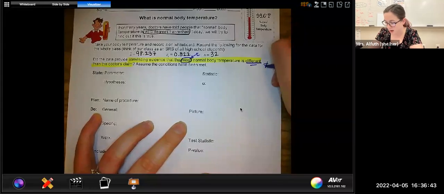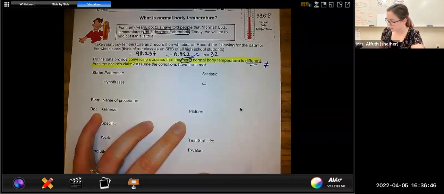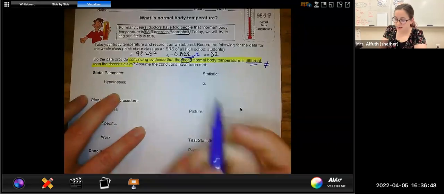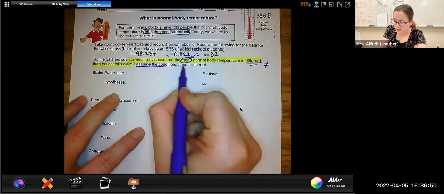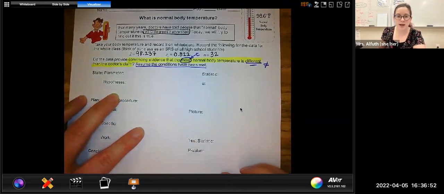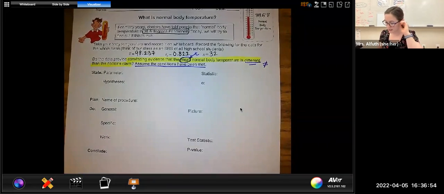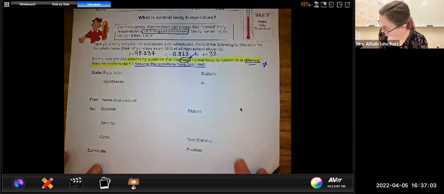So that's going to be a not equal to here. Additionally, as I continue reading, assume the conditions have been met, which means we don't actually have to check these, which is really nice for us. So we're going to do a T test here to test this doctor's claim.